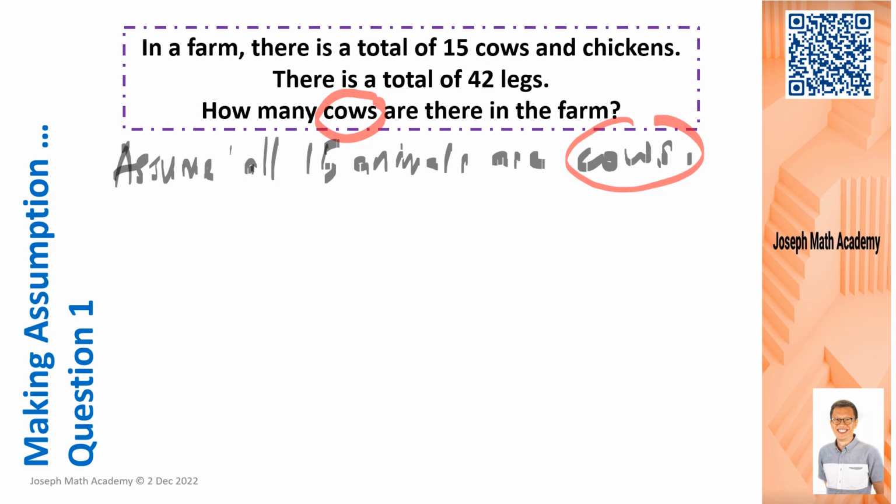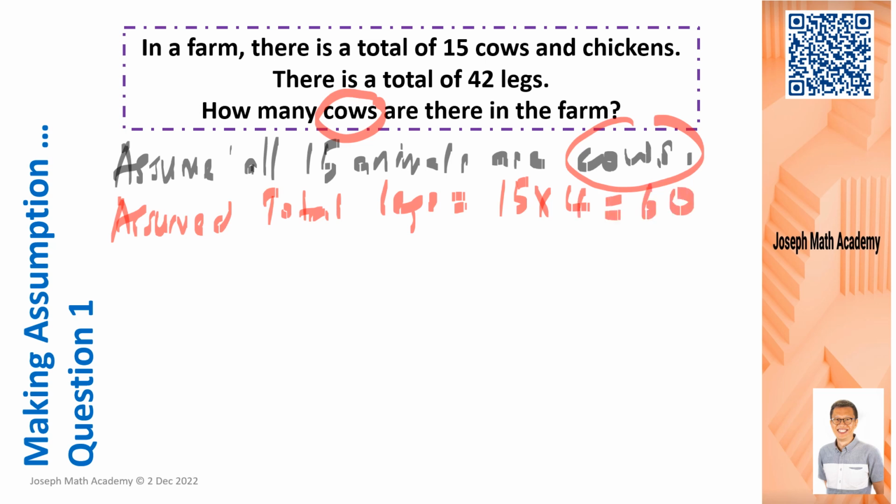It's okay, but we have to do something special later. Same style: assumed total legs will be 15 times 4, which gives us 60. Then our actual total legs can be retrieved from the question. That will be 42.